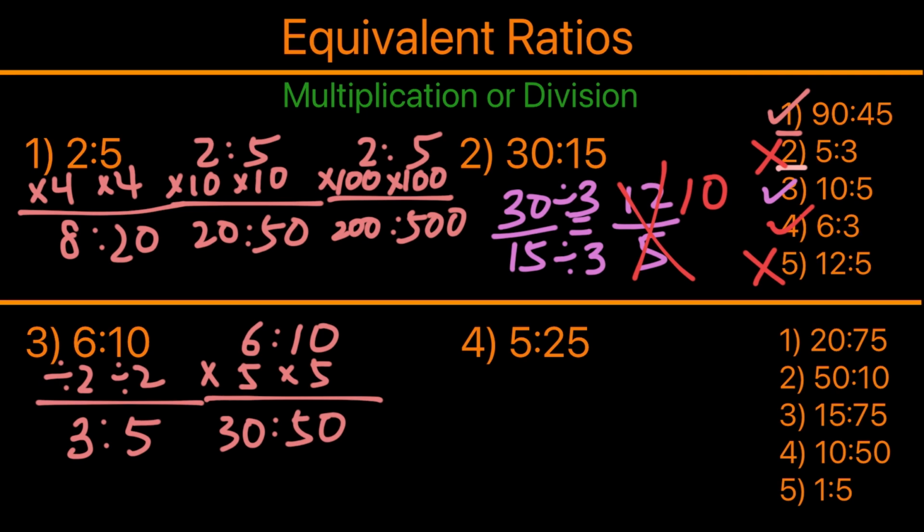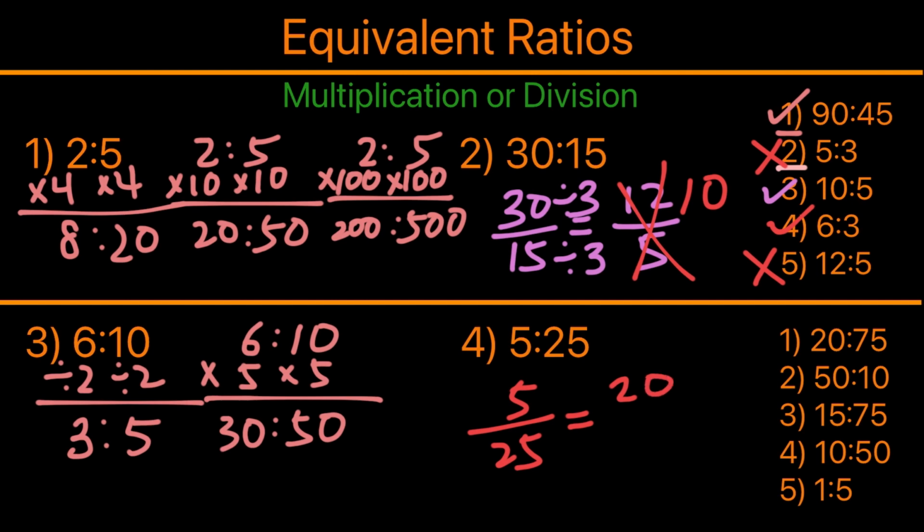Now to the fourth example, we have 5 to 25. And we want to find out which of the 5 options are equivalent ratios to 5 to 25. So we'll write 5 over 25.